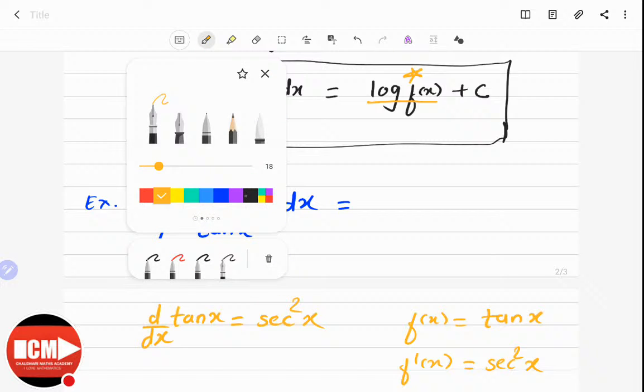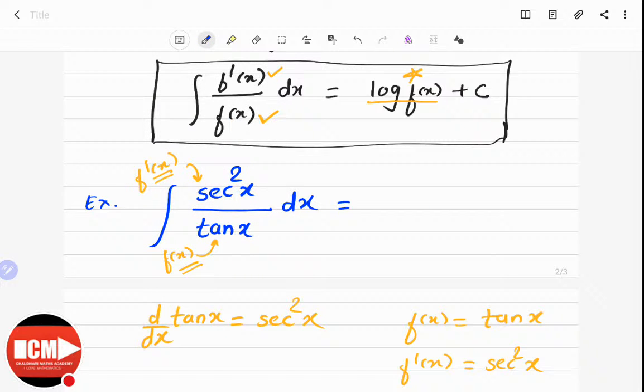So please send me your final answer for this question. What do you think? If the answer is log of f of x, and in this case f of x is tan x, then the final answer is log of tan x plus c. So this is the final answer for this integration.